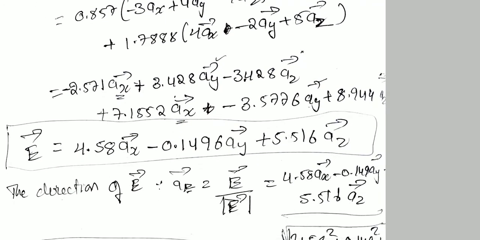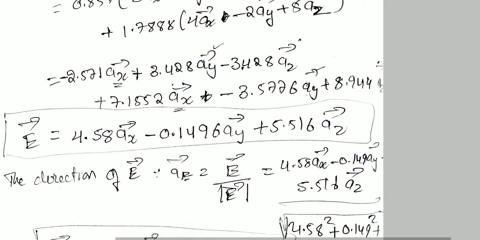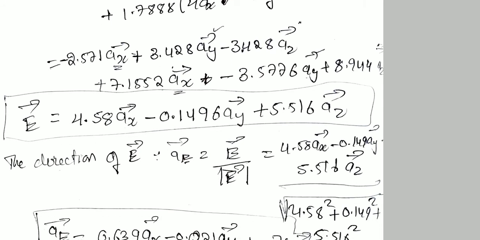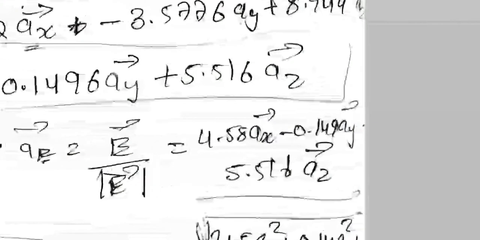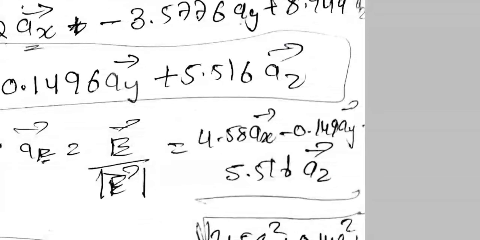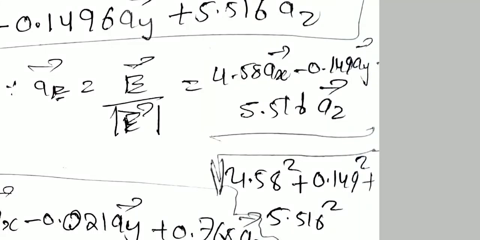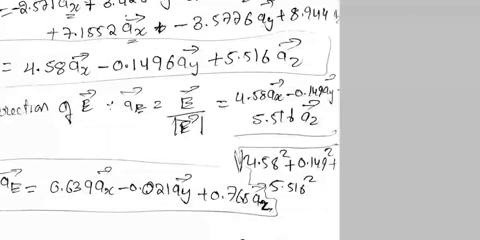After doing some mathematics, we get this value. The direction of E is obtained by the vector E divided by the magnitude of E. What is the magnitude of E? It can be calculated as the square root of 4.58 square plus 0.149 square plus 5.516 square.